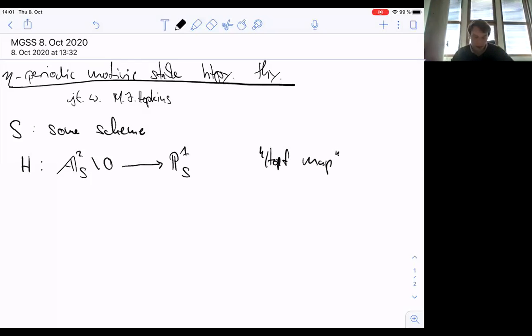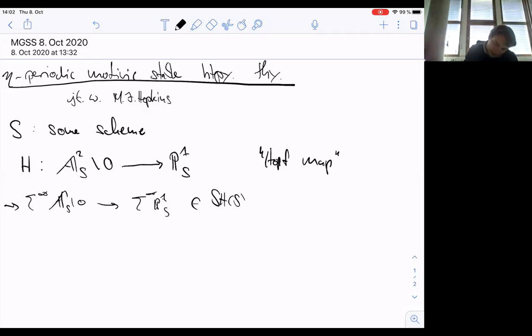Because there's "stable" in my talk title, I'm going to immediately stabilize everything, so I just do suspension spectra. There's some induced map in the Motivic stable homotopy category.